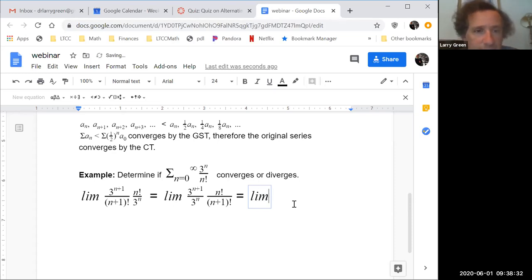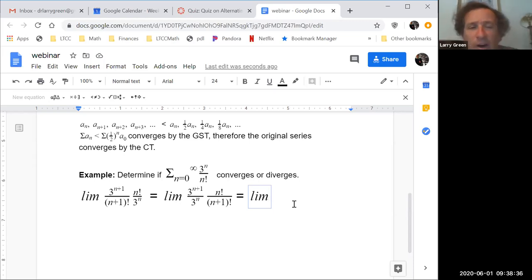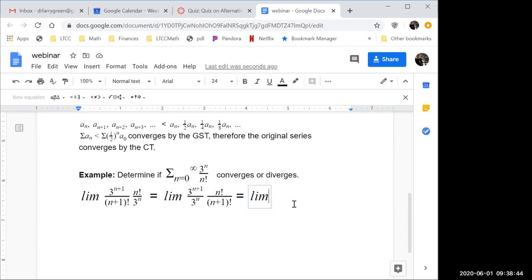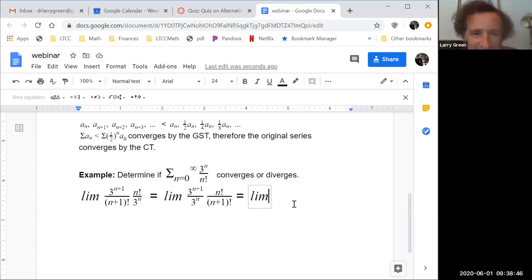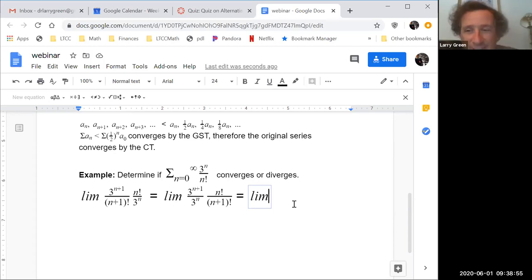And what we can say now is, what is 3 to the n plus 1 over 3 to the n? And the hint is it's very nice. It's even nicer than 3 to the n. It's 3 to the 1, but even nicer than that, it's 3.